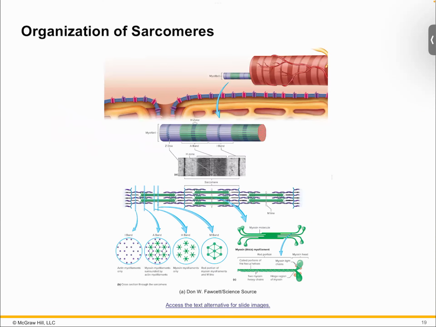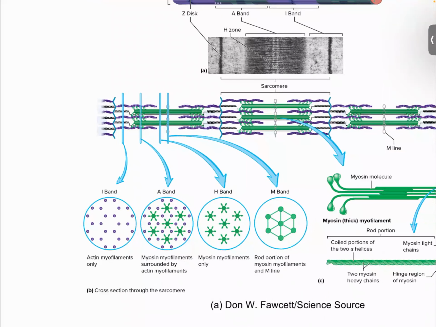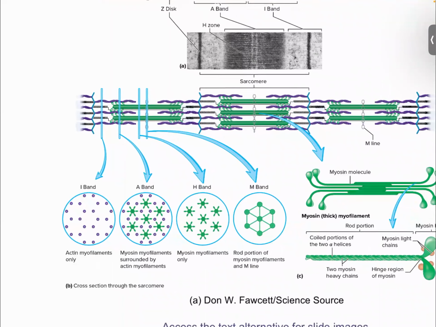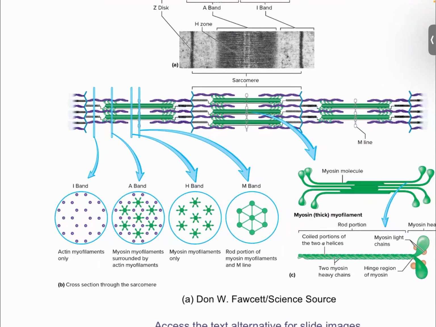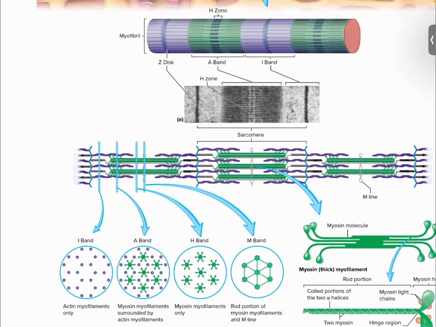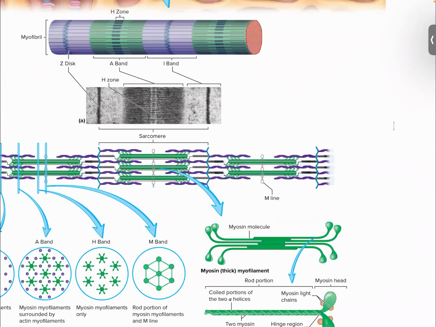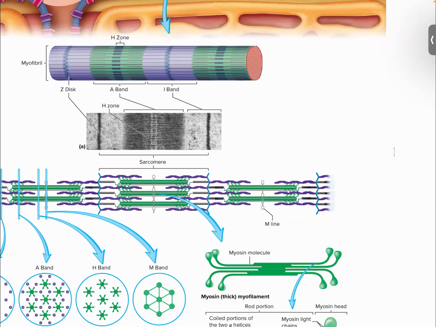So here is our sarcomere. Here you can see your Z lines, the Z discs, which bound one sarcomere.